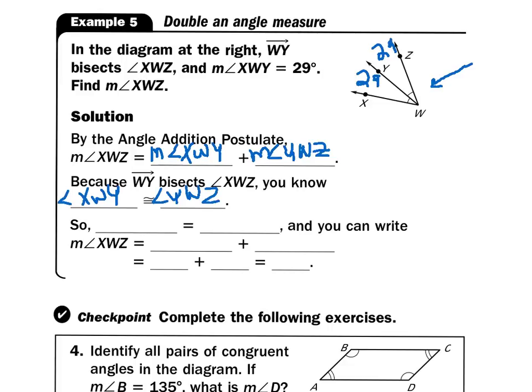So those measures are the same, and we can write the measure of the whole thing equals the measure of XWY plus the measure of angle YWZ equals 29 plus 29 is 58. And then the final checkpoints.